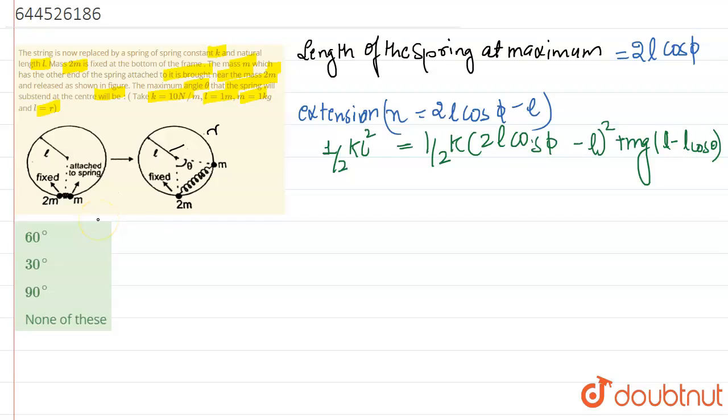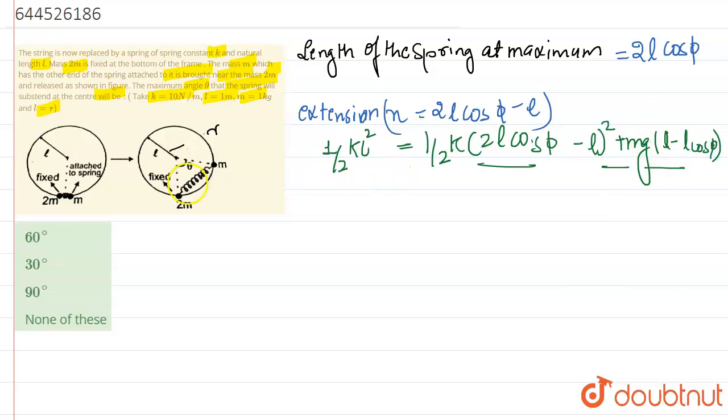Clear? I hope you understand that equation, or what I'm saying. The concept is that the initial potential energy of the spring is converted into the final potential energy of the spring and gravitational potential energy. So initial is half KL square, and it will be converted into the given form as we have written here: half K (2L cos phi minus L) whole square plus mgL (1 minus cos phi).